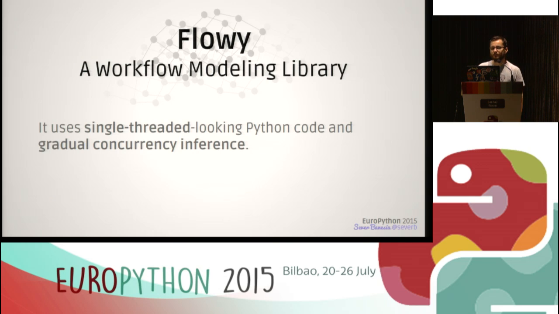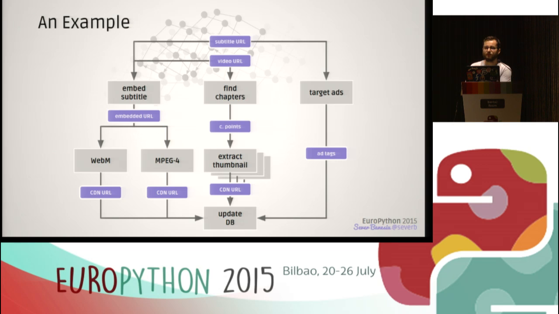Flowy takes a different approach for the workflow modeling problem, and it uses single-threaded Python code and something that I call gradual concurrency inference. Here's the toy example of a video processing workflow. At the top, we have some input data, and in our case, there are two URLs for a video and a subtitle. And then there is an entire workflow that will process this data.